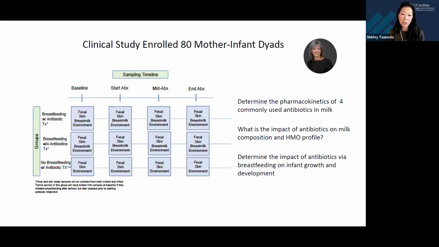We are determining the pharmacokinetics of 4 of the commonly used antibiotics in the milk. We're trying to answer the question of what is the impact of antibiotics on milk composition and HMO profile, and then what is the impact of antibiotics via breastfeeding on infant growth and development? Tina's team has collected a host of metadata and is following the infants over time to try to answer some of these questions. Next slide.